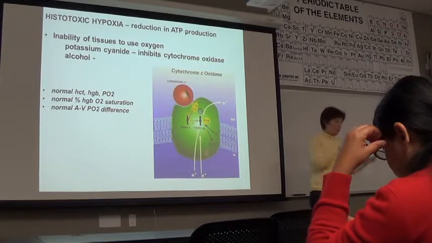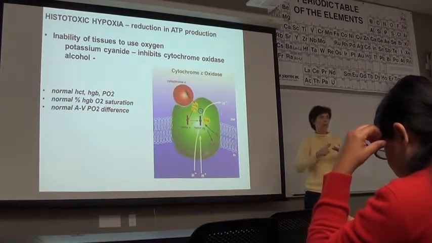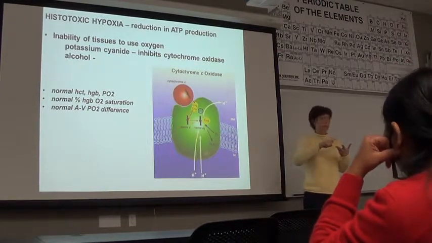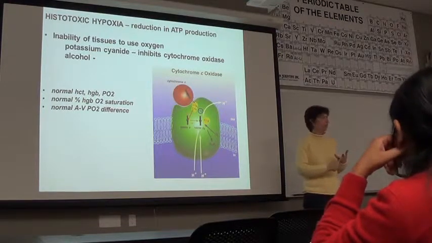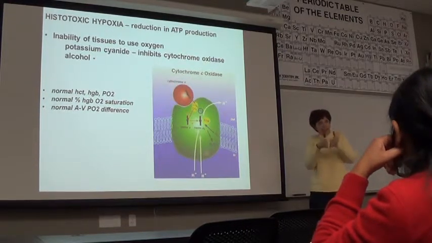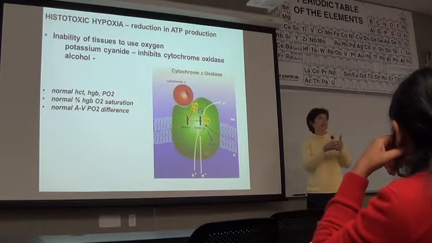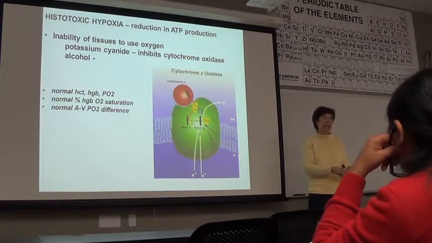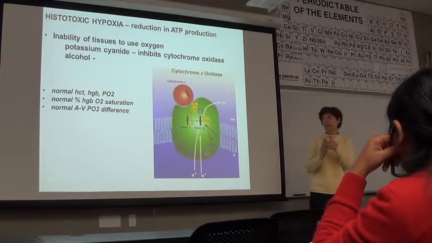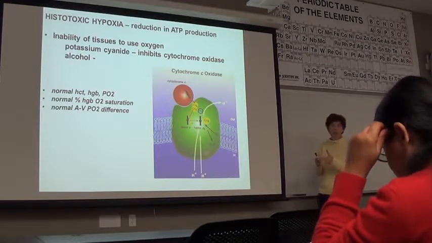There's no problem with diffusion, there's no problem with transport, there's no problem with the amount of oxygen that's in the air that you're breathing. It's at the very cellular, the very last step where the cell needs to use the oxygen, it can't, because of poisoning by alcohol or by potassium cyanide.